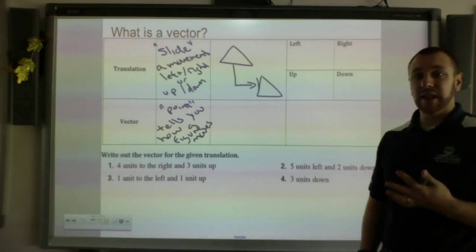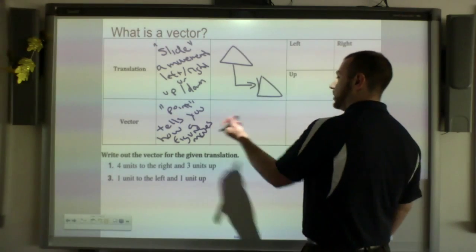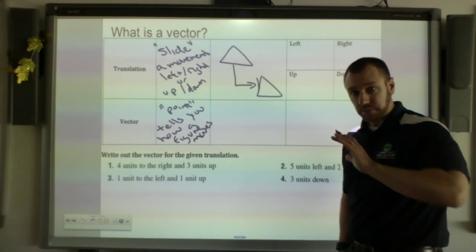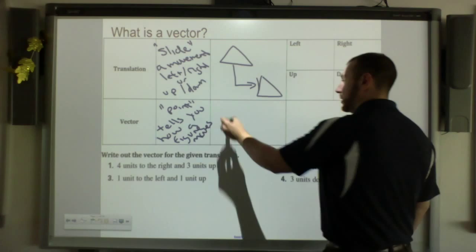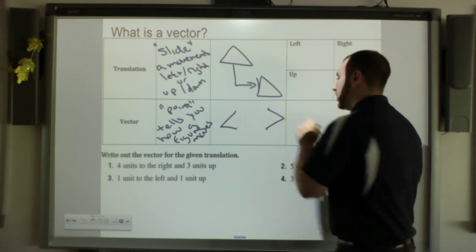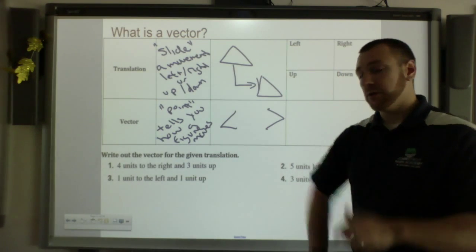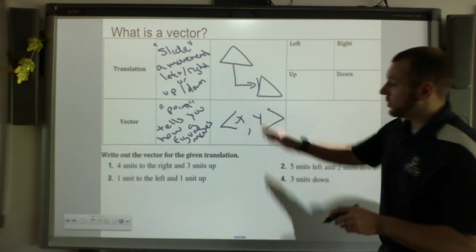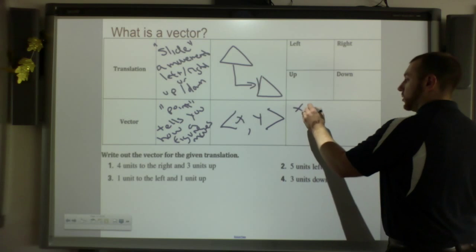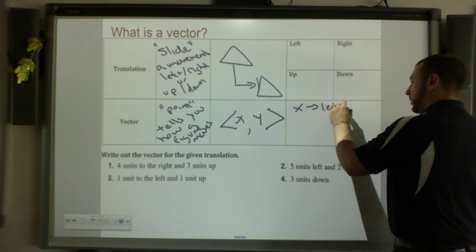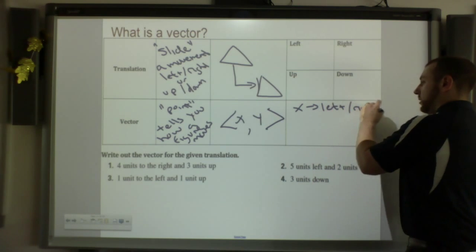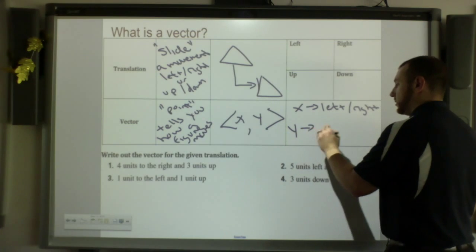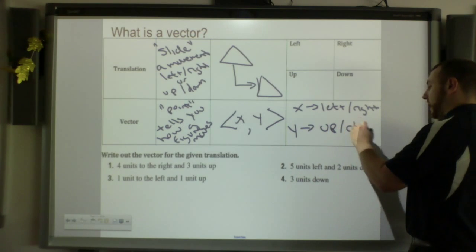Now it's written like a point, except points use parentheses. Vectors use the carets almost. Okay. But again, it's x and y. So x controls the left-right movement, left or right. And the y controls the up or down.